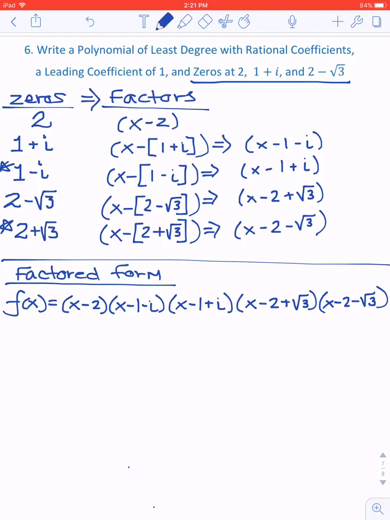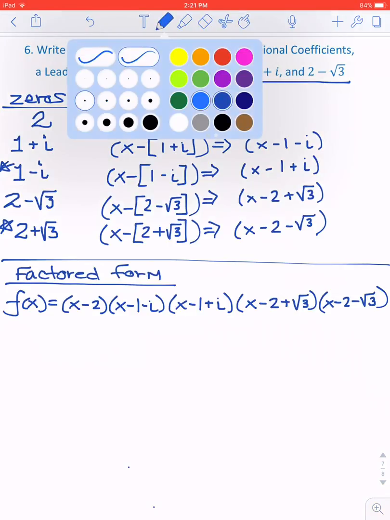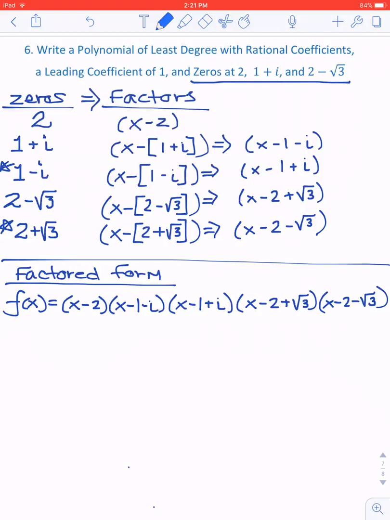Okay, so you should have each of your factors lined up left to right, and your common factors should be next to each other.